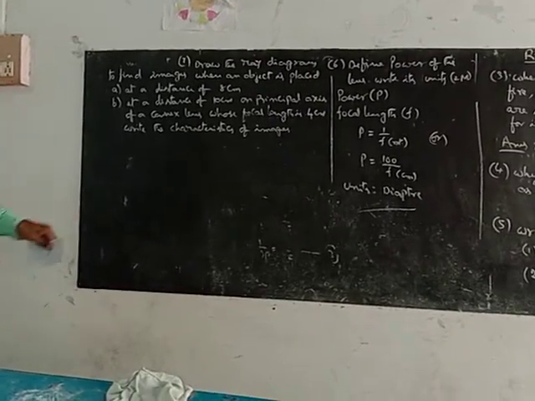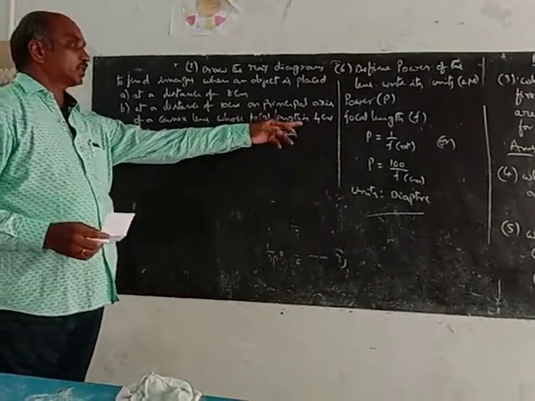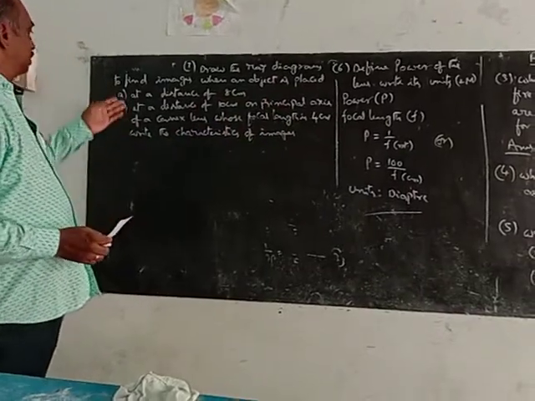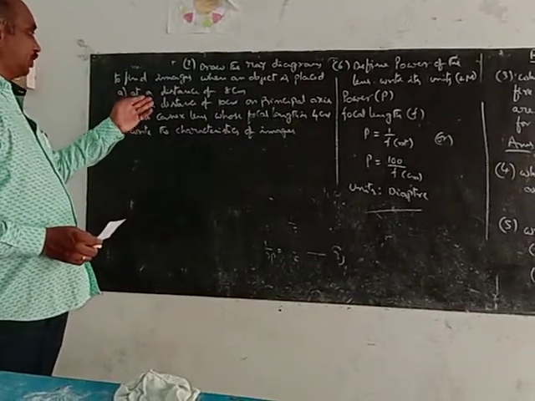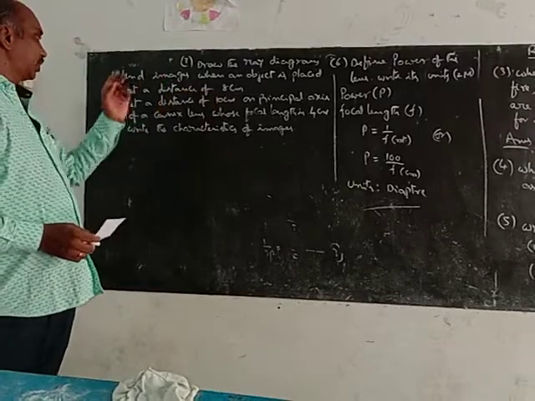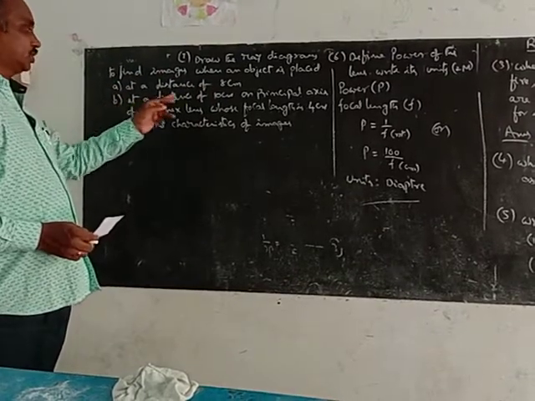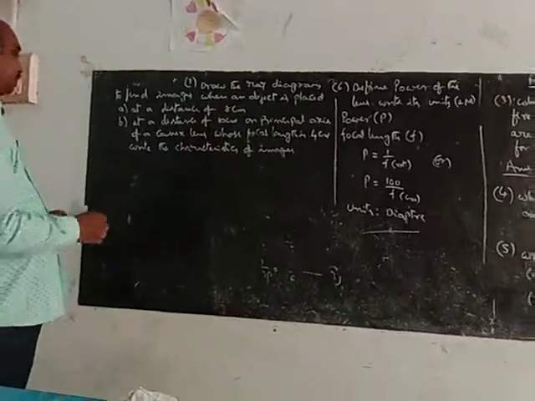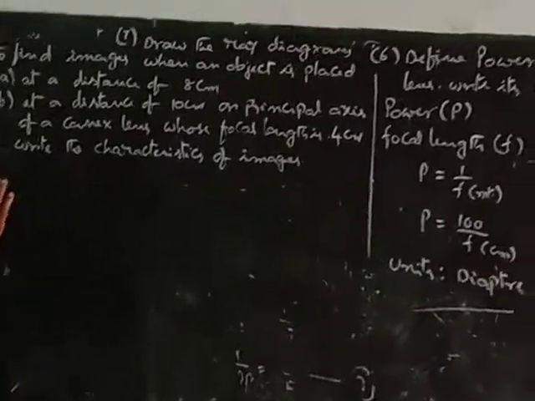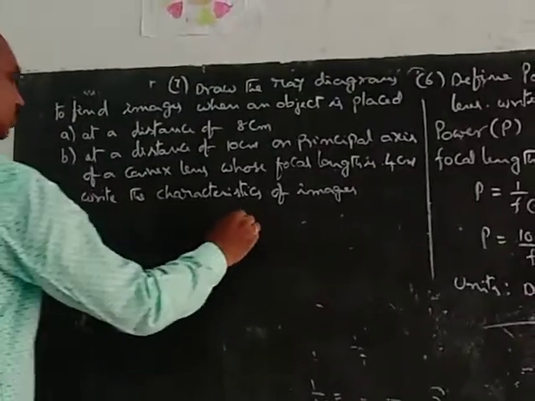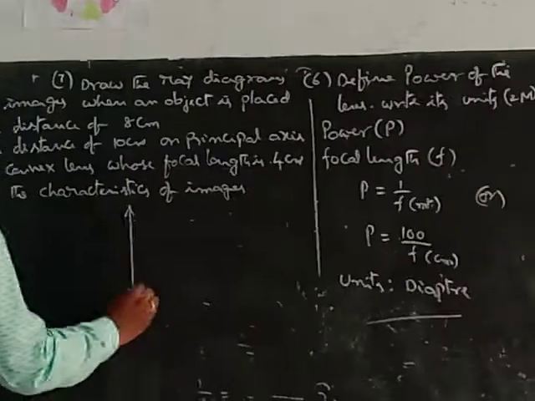Here one convex lens is there. What is the focal length of the convex lens? 4 centimeters. Here one object is placed at a distance of 8 centimeters on the principal axis, another at a distance of 10 centimeters. Suppose you take A. How to draw this? This is the convex lens.